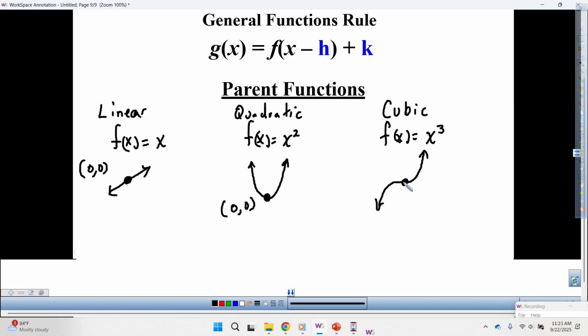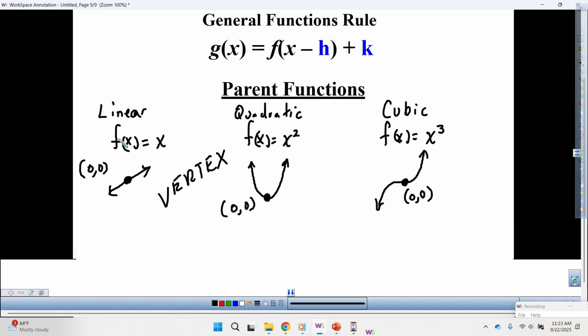This one, that point is 0, 0. From now on, whenever I say the word vertex, I'm referring to which point of all 3 functions? 0, 0. From now on, whenever I say vertex, you're thinking 0, 0. Are we there so far?